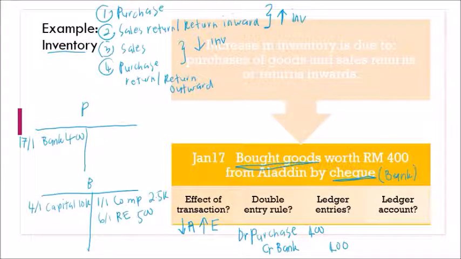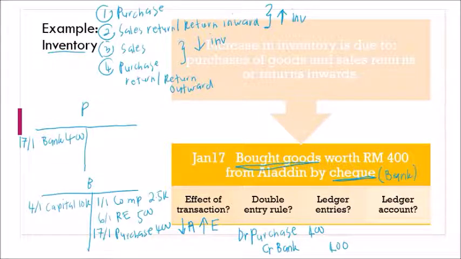And now again on the credit side, 17/1, due to purchase amount of 400. Okay, so these are the accounts.